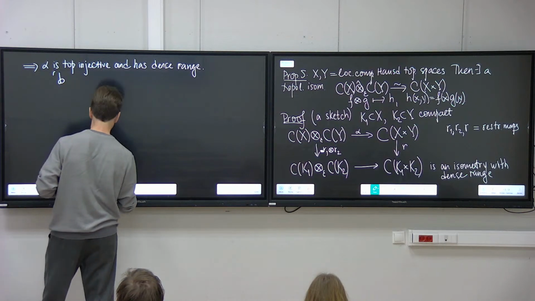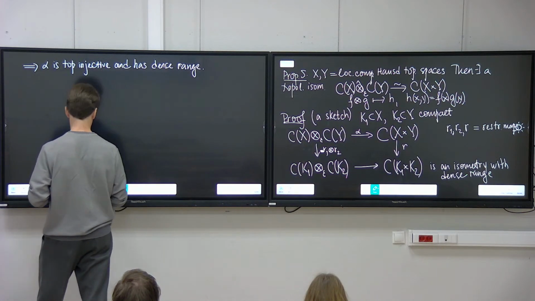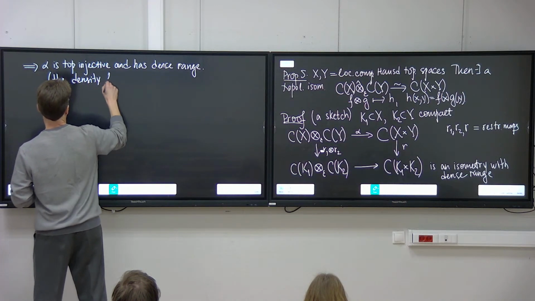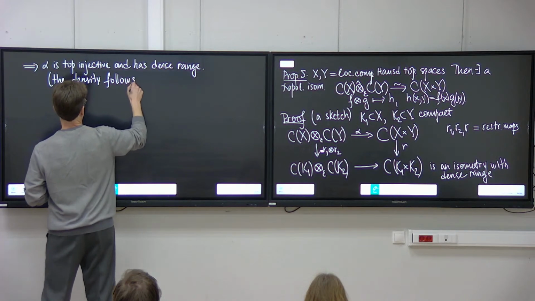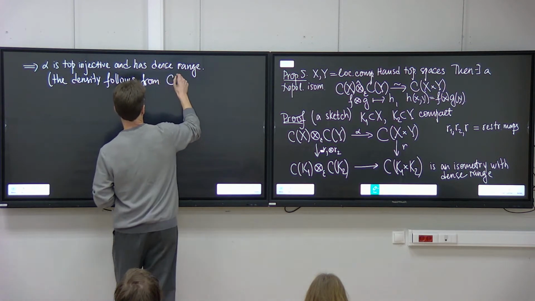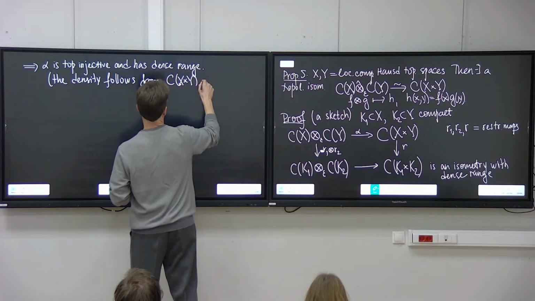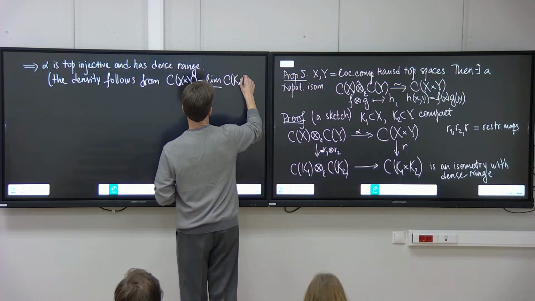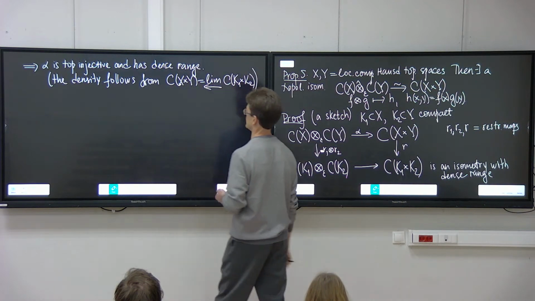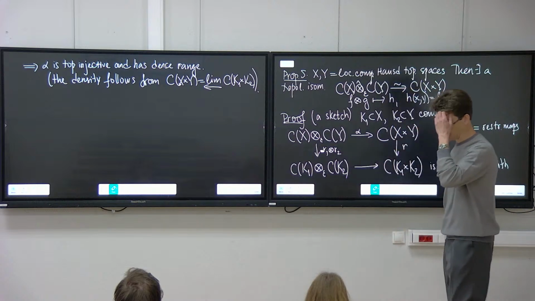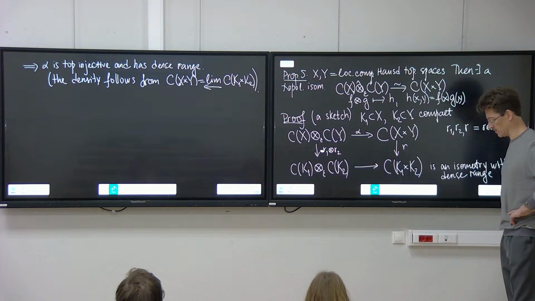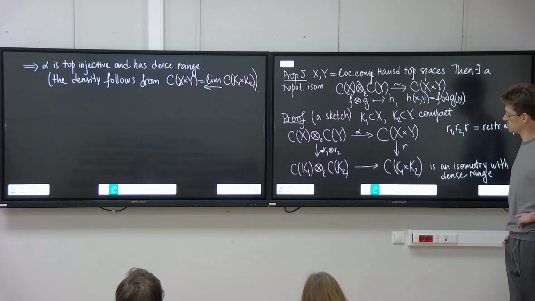The density follows from the fact that this is the projective limit of these spaces, and from a lemma which was discussed some time ago, when we discussed the construction of a completion for a locally convex space.